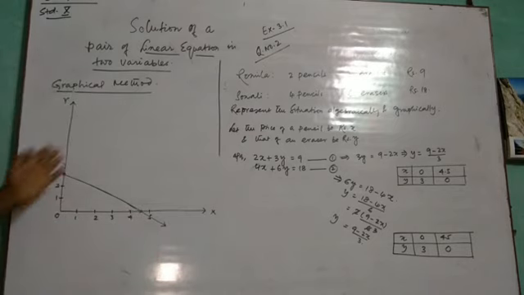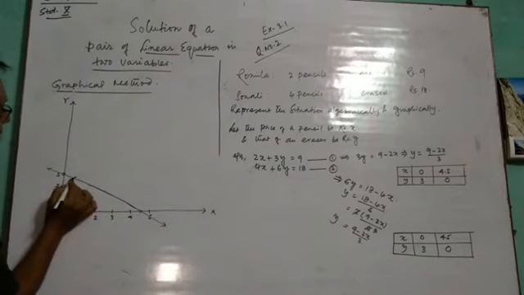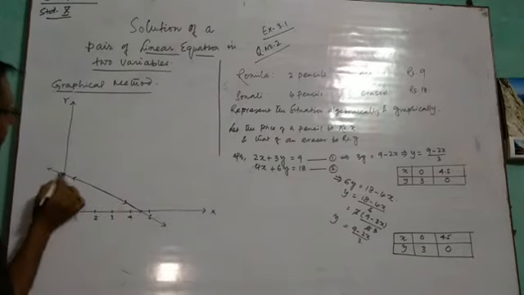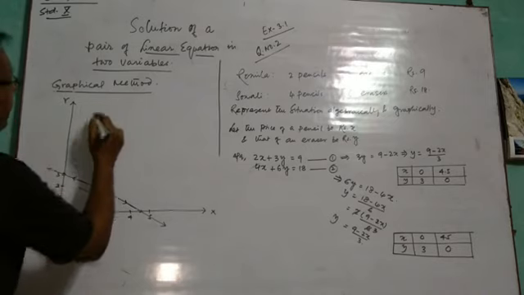And the second one, if you plot the same values, you will get the same line falling over that.